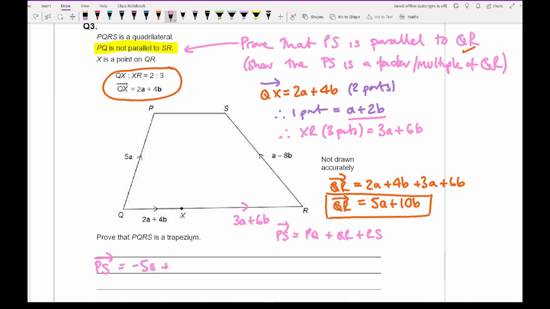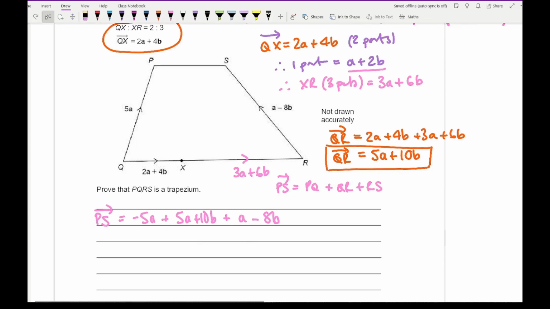QR is what I found out, which is 5A plus 10B. And R to S, we can see, is written as A minus 8B. So all that's left for me to do is simplify that expression. I've got 5A take away 5A, so those two things cancel. So looking at this, I've got A plus 2B. So that's what PS is going to equal.